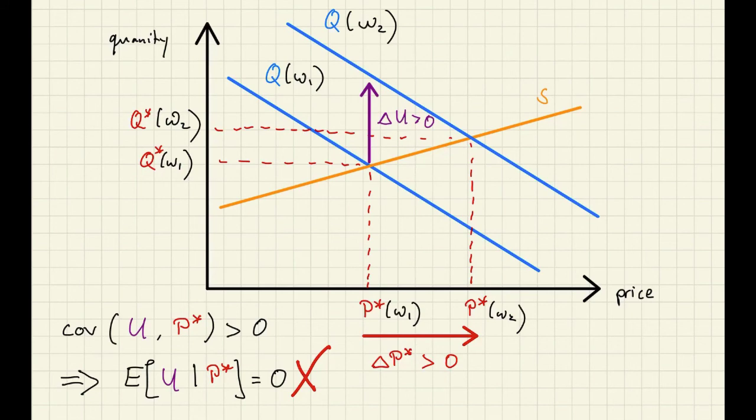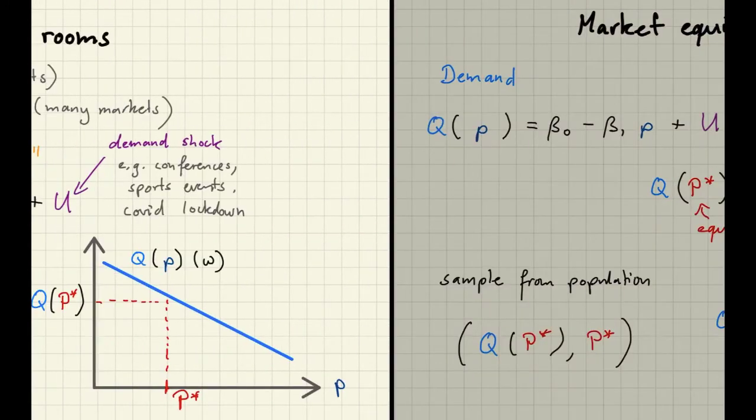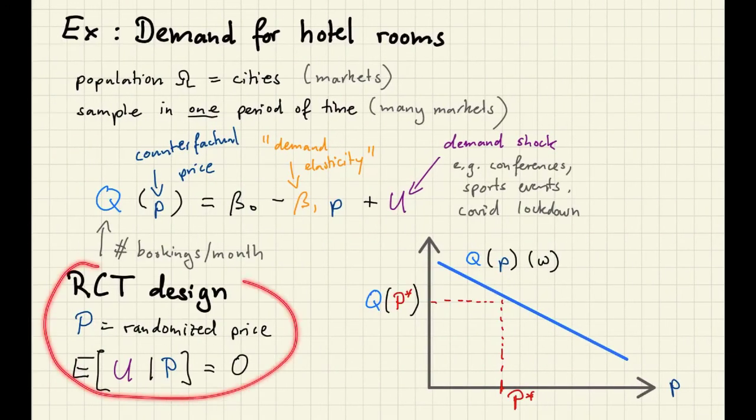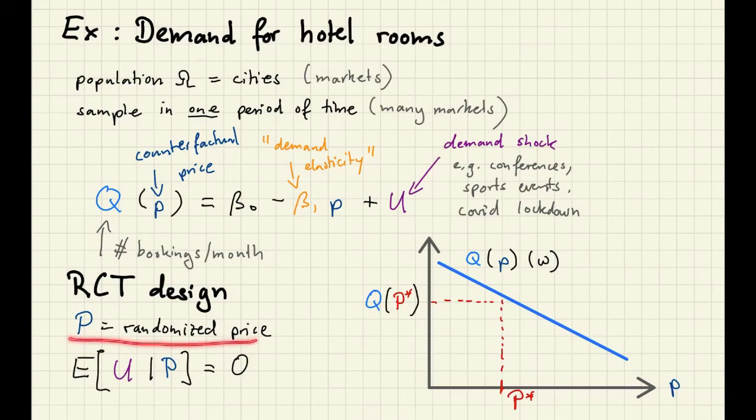In this context, it's interesting to think about why our RCT design works, why it is econometrically sound, even if we cannot implement it. By randomizing the price, what we're essentially doing is visiting the demand curve at different random prices, and that allows us to trace out the demand curve and learn the causal effect of price.